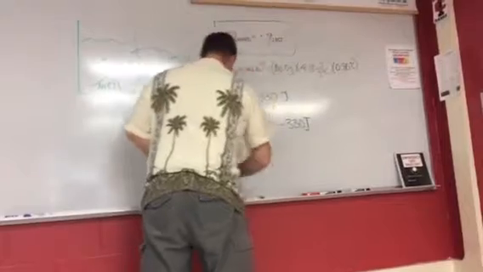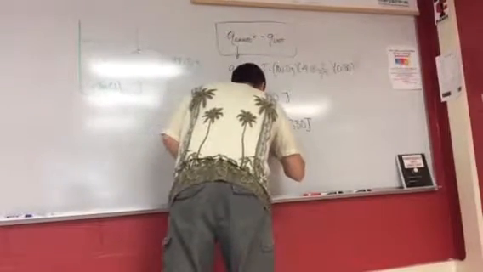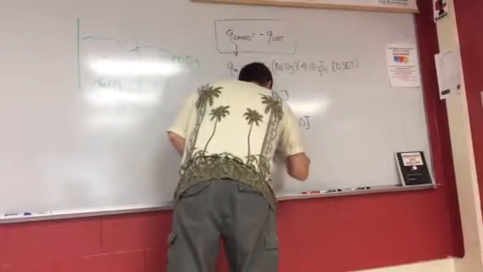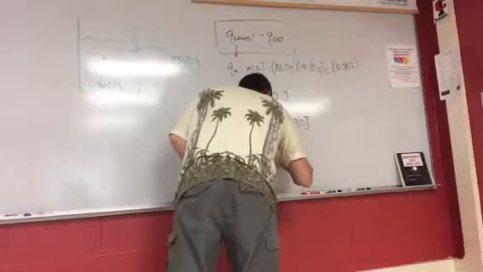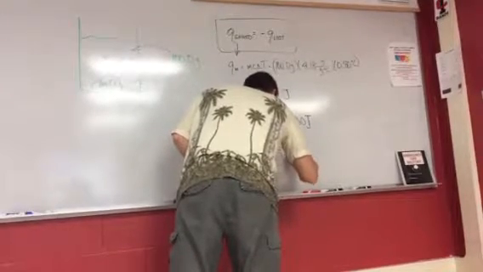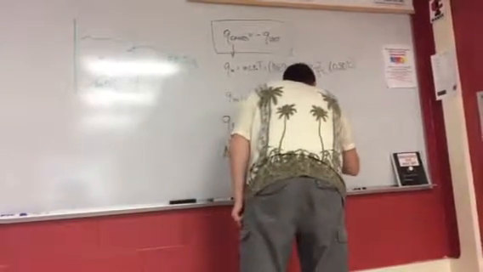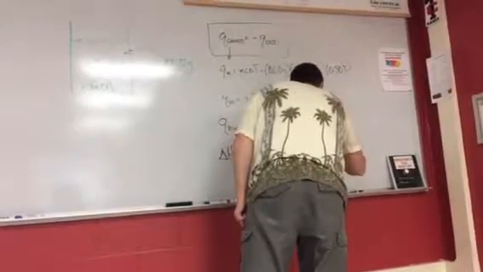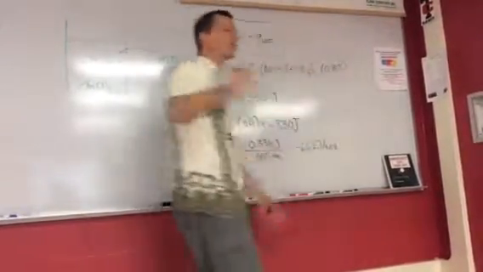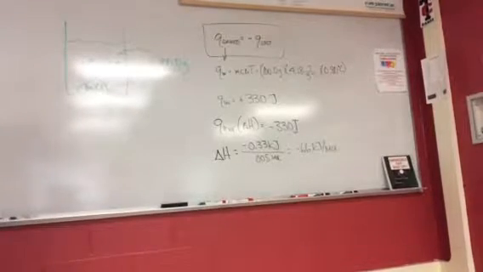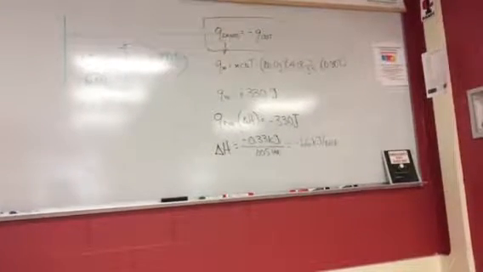Divide by 1,000. Negative 0.33 kilojoules over 0.005 moles. And that's equal to negative 66 kilojoules per mole. So that means if a mole of silver chloride were to be formed, it would give off 66 kilojoules.